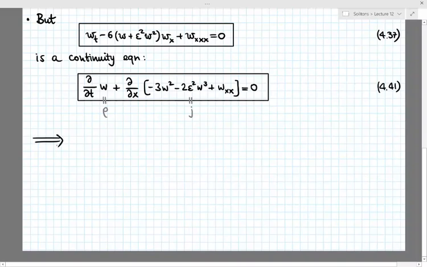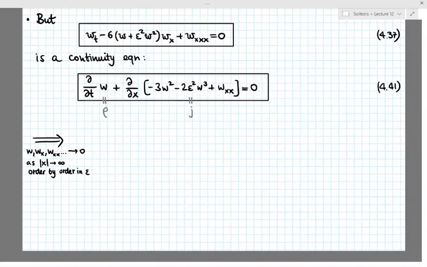And since W and all its spatial derivatives tend to 0 as X goes to plus or minus infinity, order by order in epsilon, that follows from the fact that W and its spatial derivatives were functions of U, Ux, Uxx, etc. Sorry, not necessarily linear, but functions of U, Ux, Uxx, etc., which vanish at infinity, and that implies that W and all its derivatives vanish at infinity.